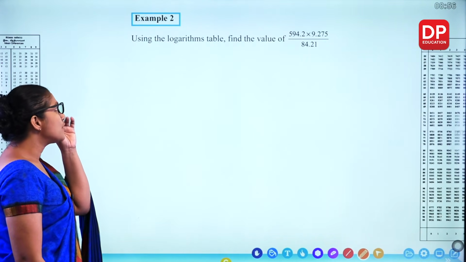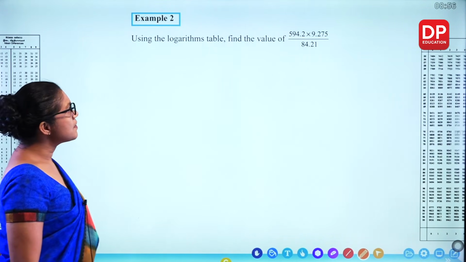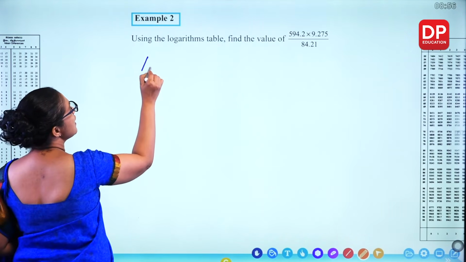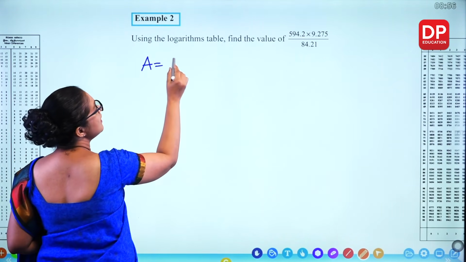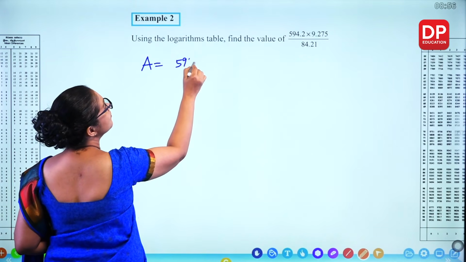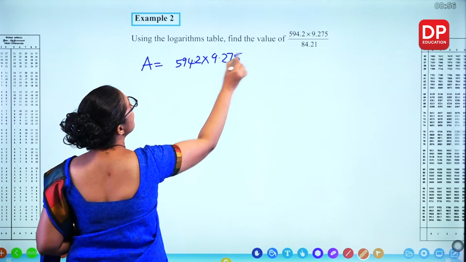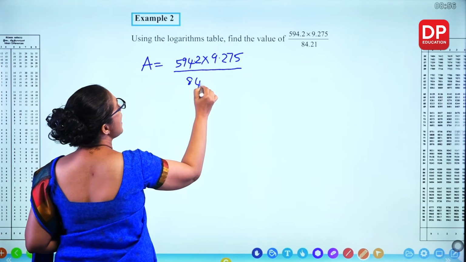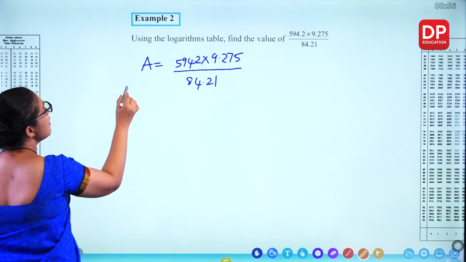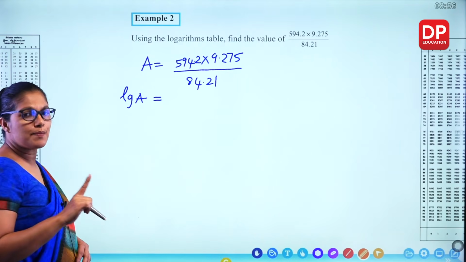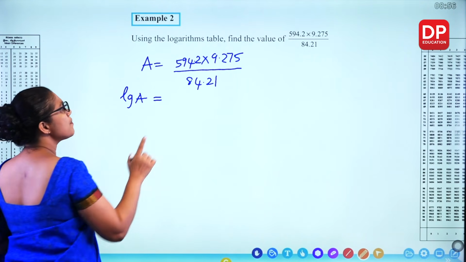We'll take example 2. Using the logarithms table, find the value of this. Now we need to take this one as a letter A and take log both sides. When you are taking log value, what happens? Multiplication becomes addition, division becomes subtraction.